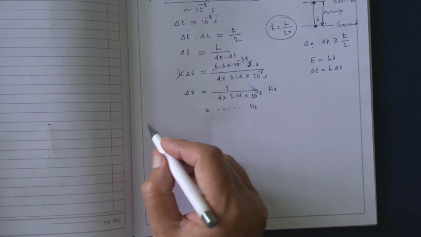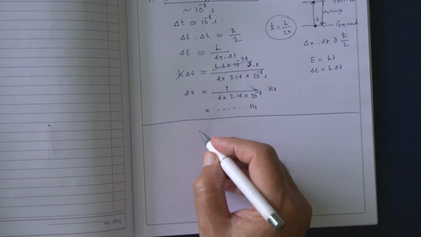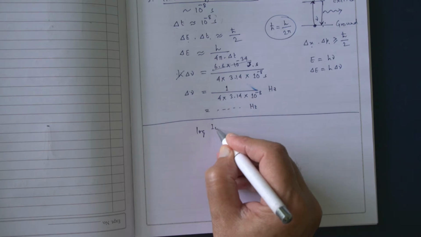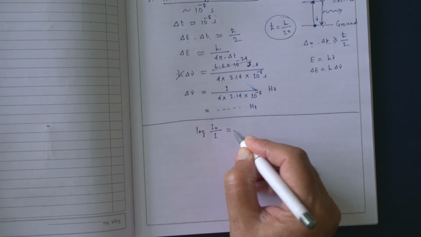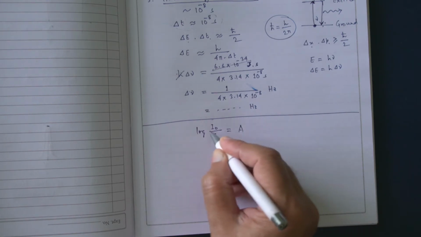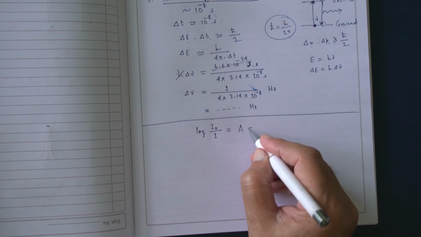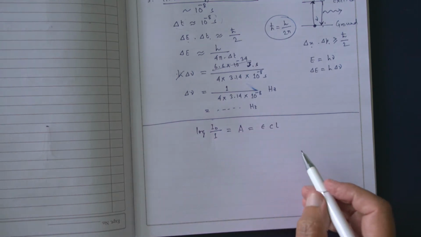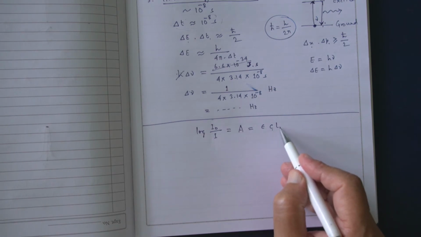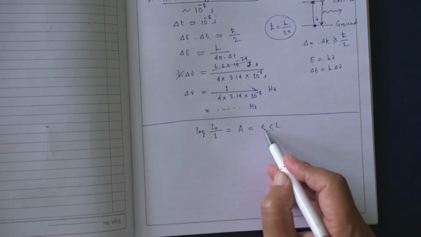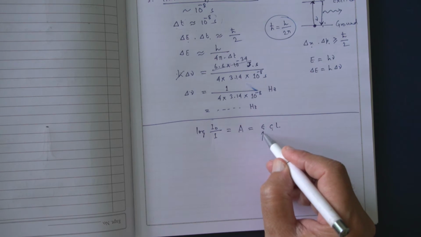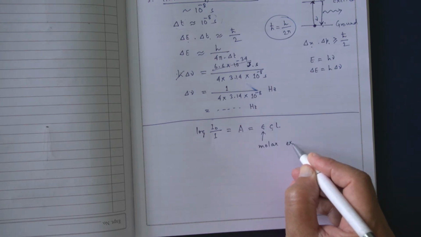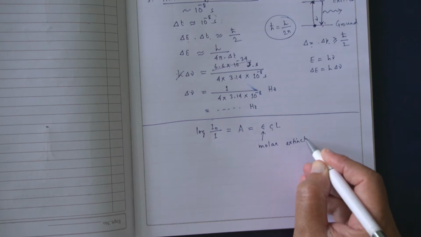Next, I talked about Beer-Lambert's law: log I naught by I, which is called absorbance, equals epsilon C L. C is the concentration, L is the path length, and epsilon is called the molar extinction coefficient.